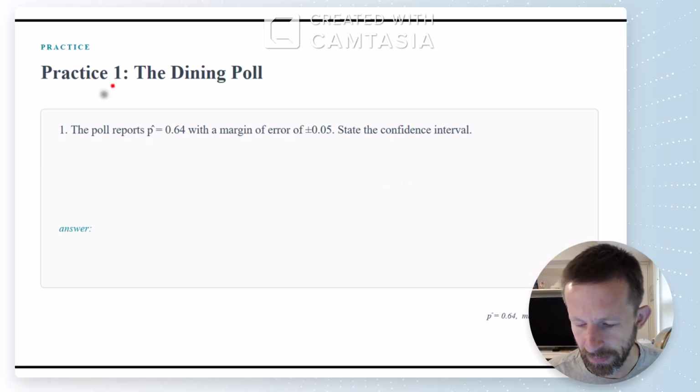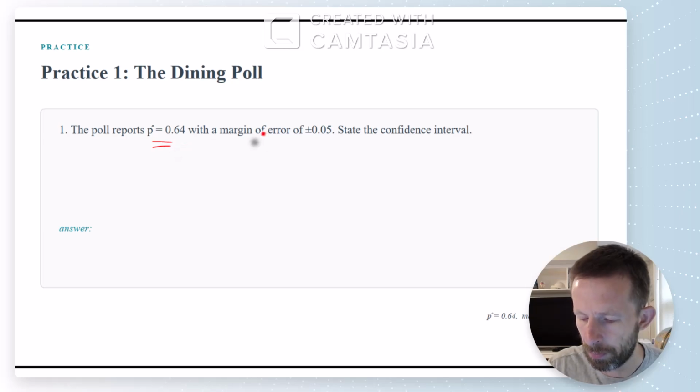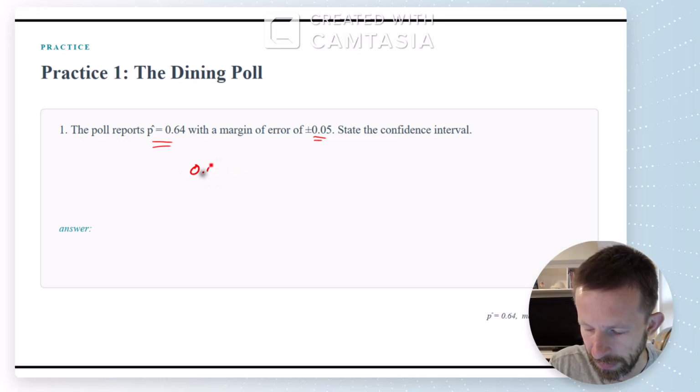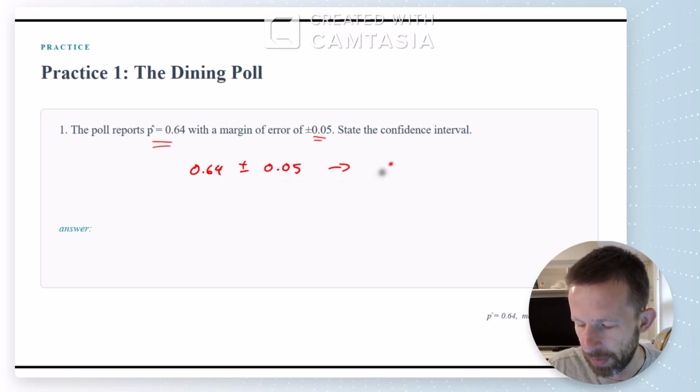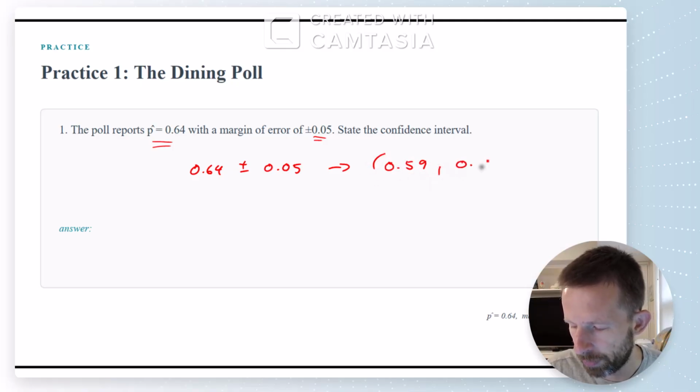All right, so let's look at this example. A poll reports that 64% of a sample with a margin of error of 0.05. State the confidence interval. So 0.64 plus or minus 0.05 gives me an interval of 0.59 to 0.69.